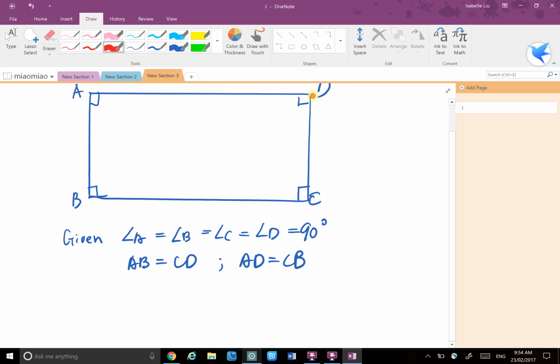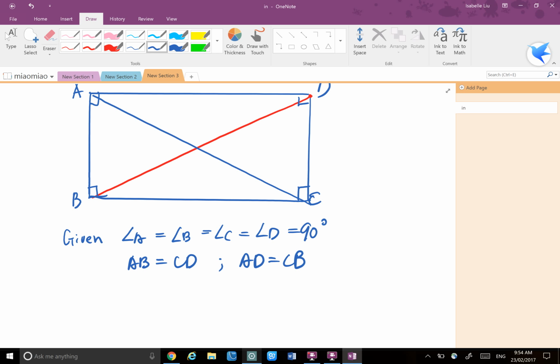And let's draw the diagonals. We have this diagonal, and this diagonal. Okay, I want to look at two triangles.